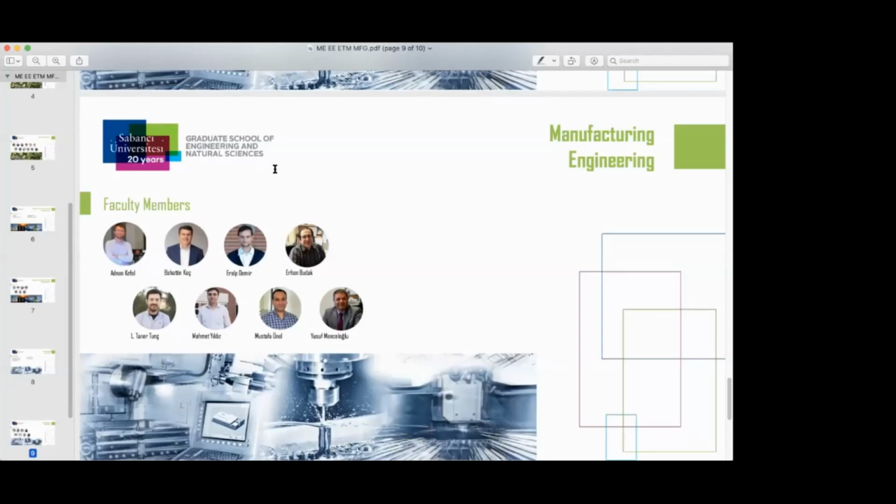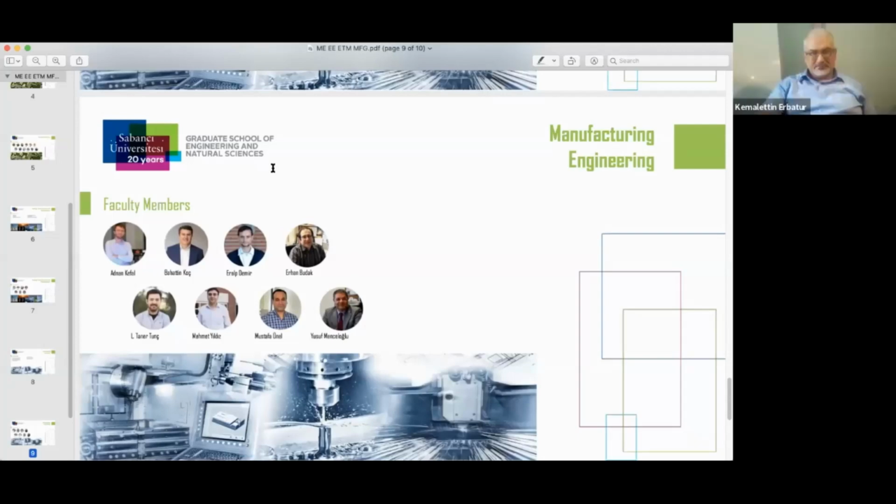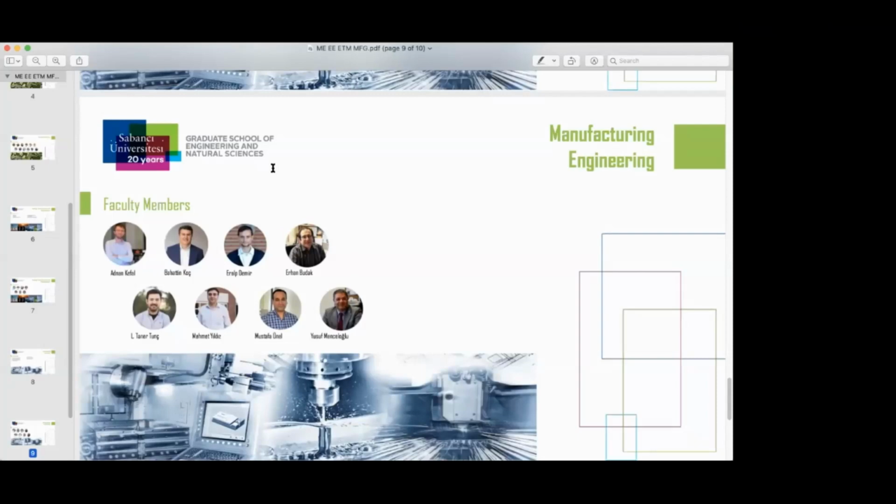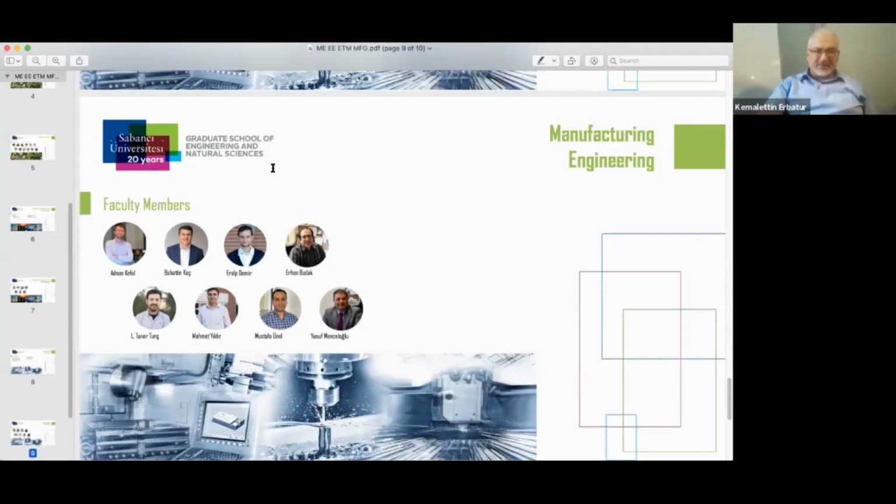And another question for the Mechatronics Engineering. One applicant said that I have submitted my application, so do we need to contact the professors in advance? Let me answer this question by saying that yes, contacting professors in advance has a certain advantage from the scholarship point of view.